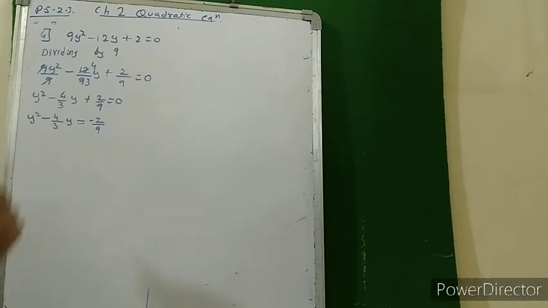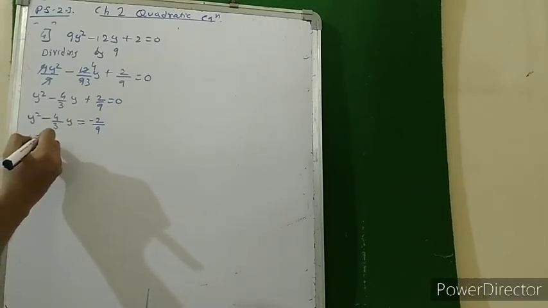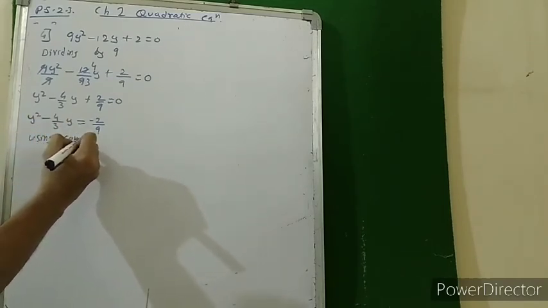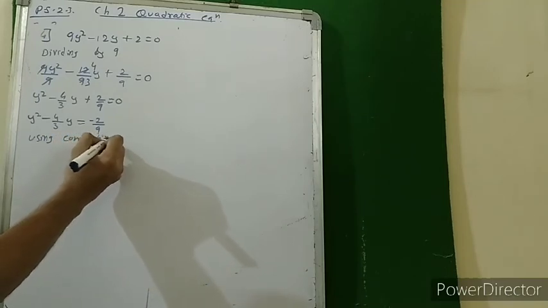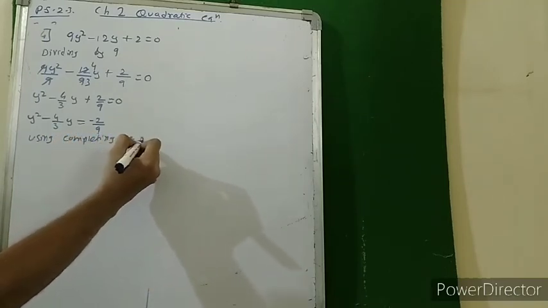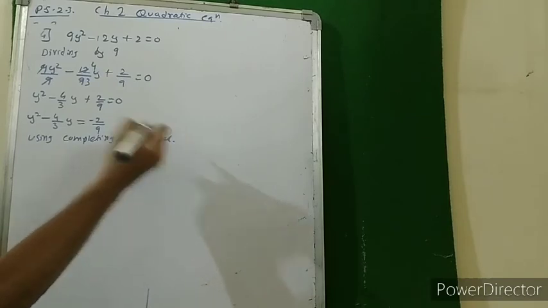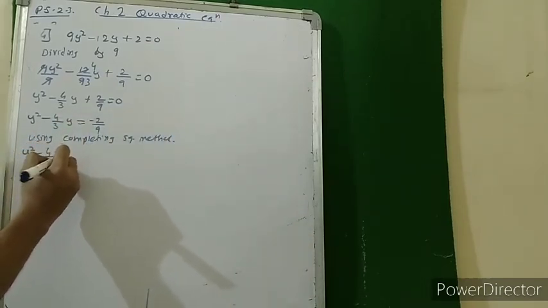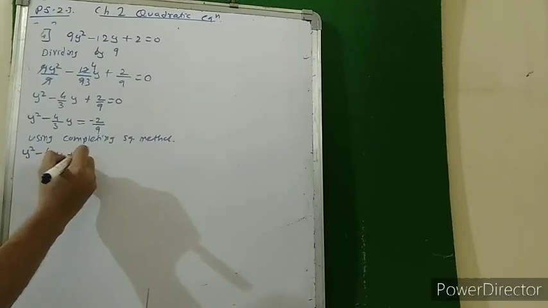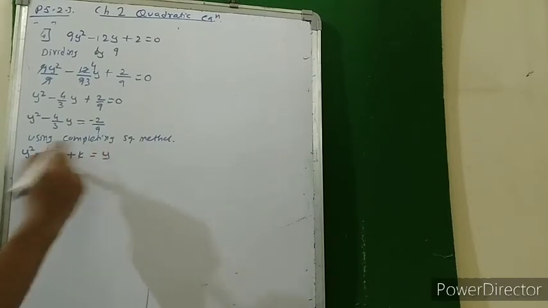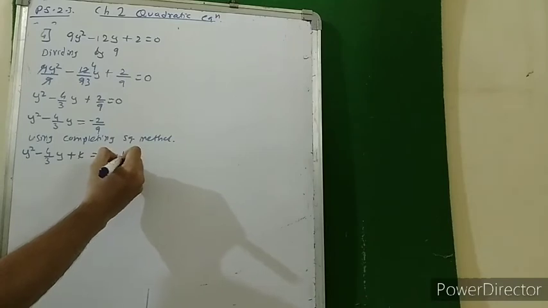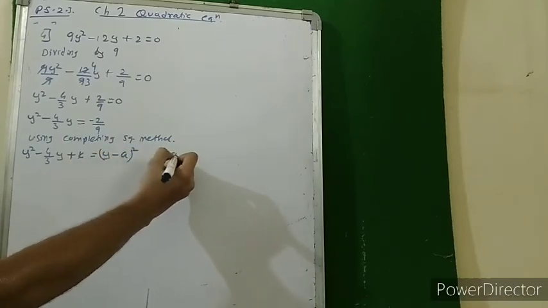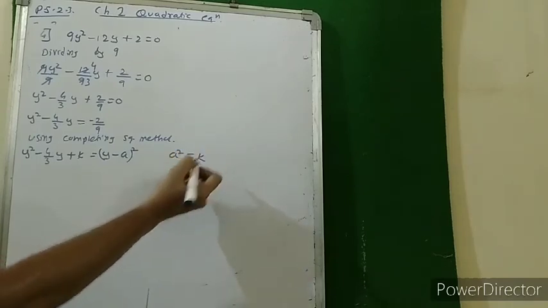Now using the completing square method, I will write y square minus 4 upon 3y plus k is equal to, as I have a minus sign, y minus a the whole square, where a square is equal to k.